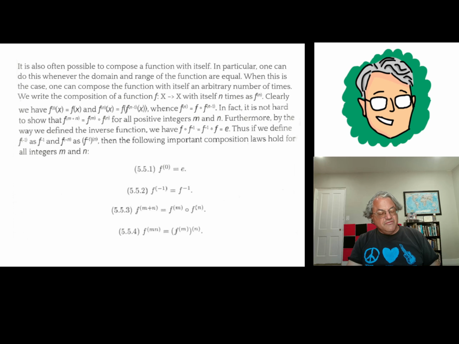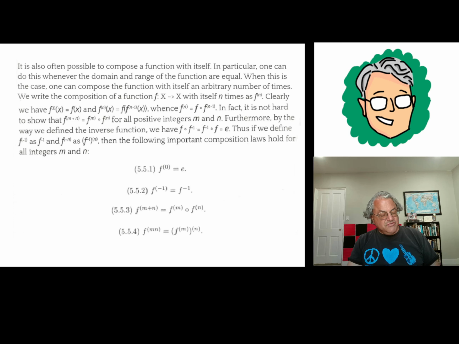If we compose a function f with f inverse, it doesn't matter which order you do it, f circle f inverse or f inverse circle f, both of those are equal to the identity. Remember, the identity is the function that doesn't do anything. That's also f superscript 0 of x. So when you compose a function with itself 0 times, you just get the identity.